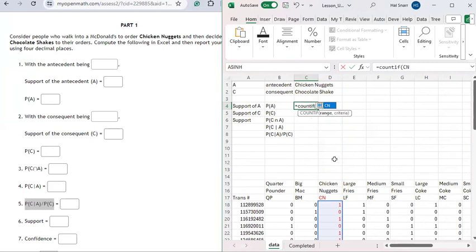And then we need a comma, then quotation marks, equal 1, close quotation marks, and then press enter. And this will count the stuff in the object CN if it equals 1. It's 18. That's pretty complicated, right? That's the frequency of A. That's the frequency of chicken nuggets purchased in this set of randomly drawn transactions, 50 transactions.